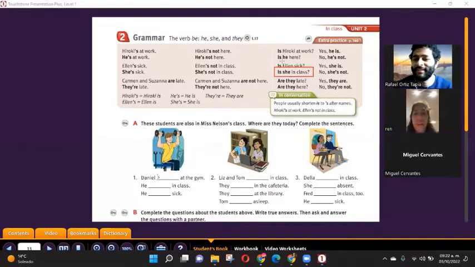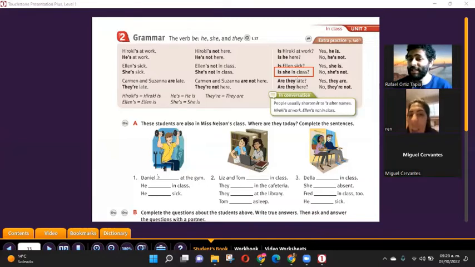So what happens there? The last sound in "she" is an E, and the first sound in "in" is also an E. So you have to say, is she in class? It's faster to say it that way. Is together with she, and she's in class. Or, is she in class?